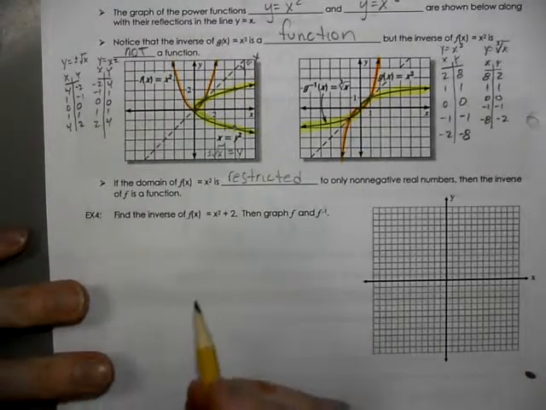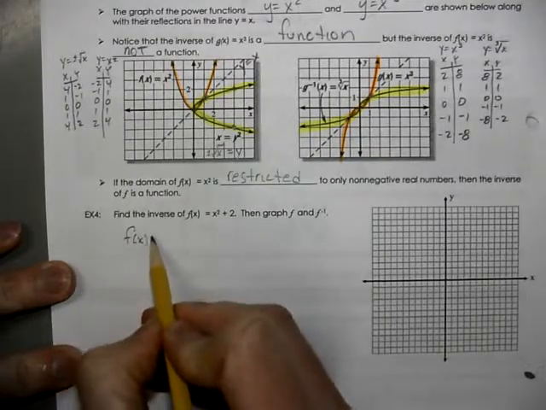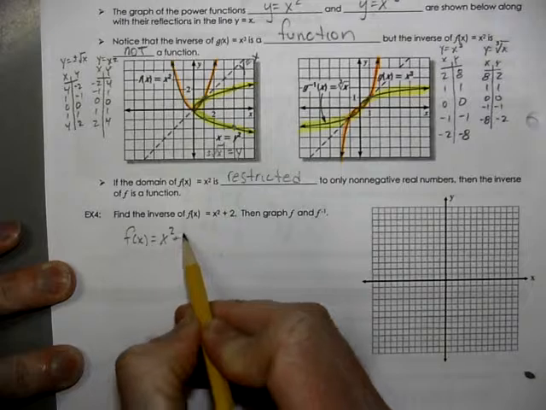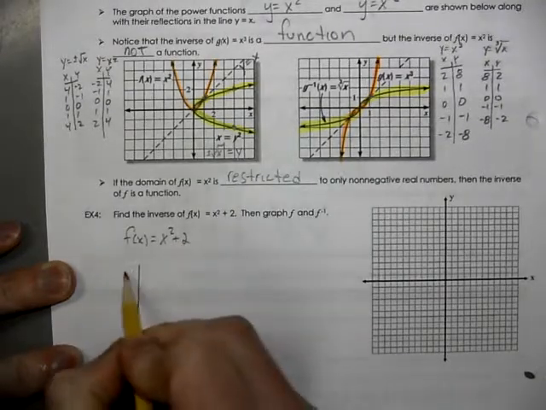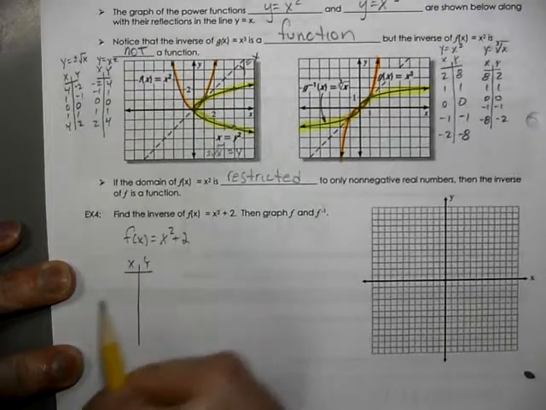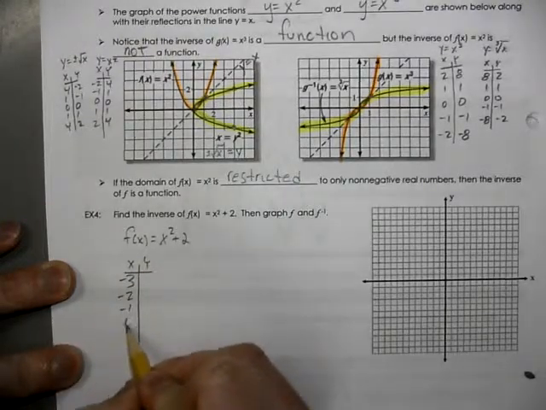There's a couple different ways we could do this. We could take our function, which is x squared plus 2, and we could make a table out of that. So we look at the possible values that we could work with.